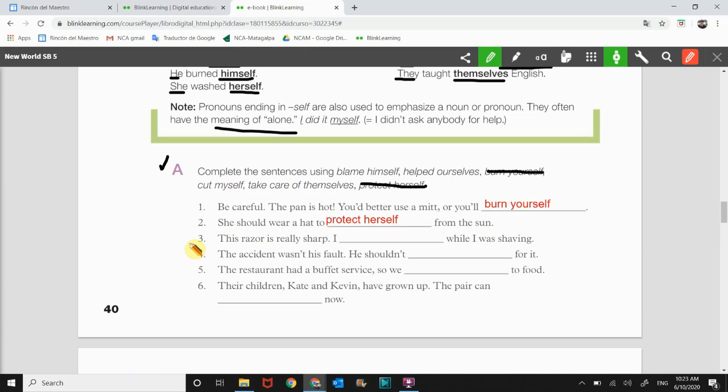Number 3, this razor is really sharp. I blank while I was shaving. So the subject is I. So which one of these is I? Himself, ourselves, myself, themselves. It's cut myself. So I cut myself.